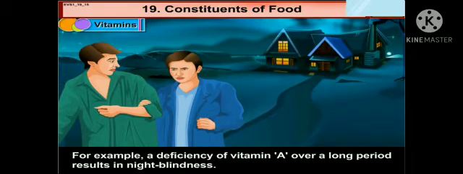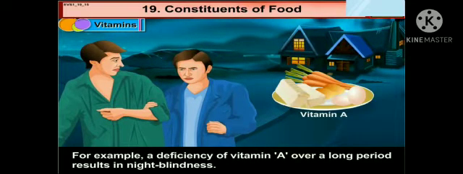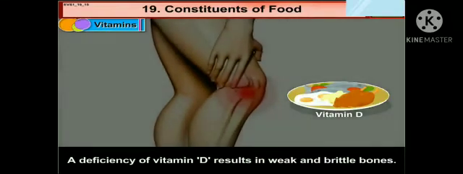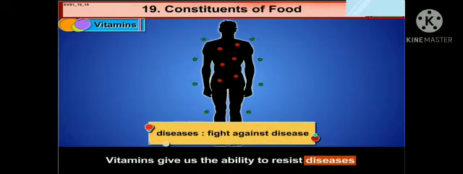For example, a deficiency of vitamin A over a long period results in night blindness. A deficiency of vitamin D results in weak and brittle bones. Vitamins give us the ability to resist disease, that is, fight against disease.